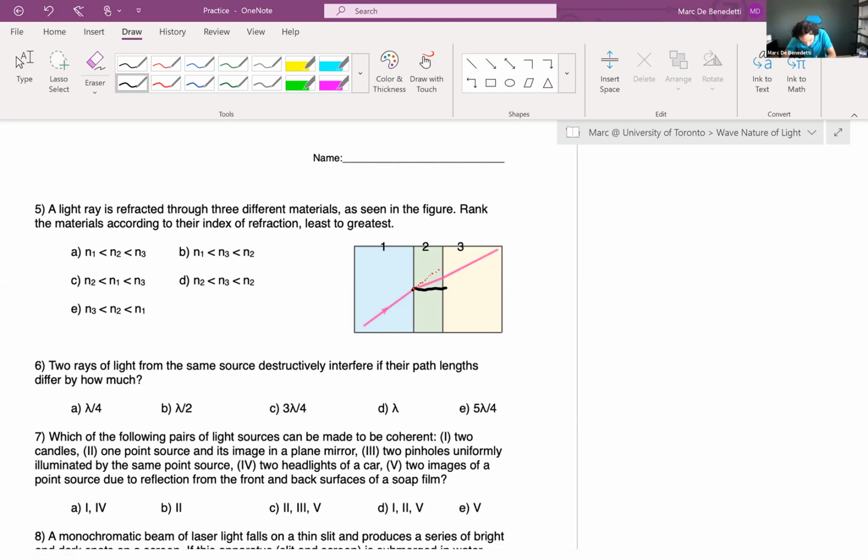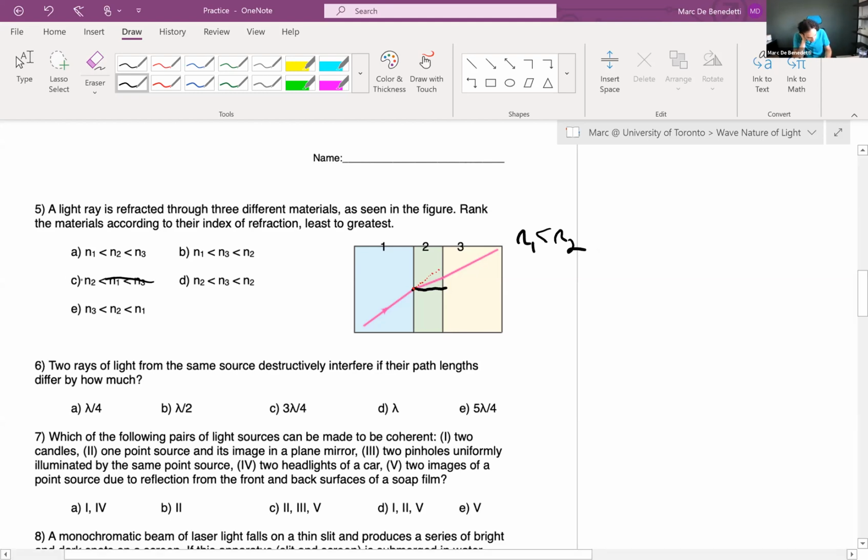So this tells me that the index of refraction of 1 is smaller than the index of refraction of 2. That tells me the speed of light in material 2 is slower than the speed of light in material 1 because it got bent toward the normal. So there's at least that: 1 has to be less than 2.